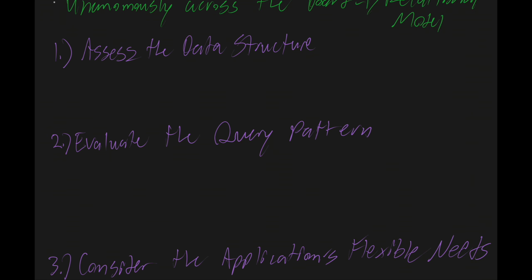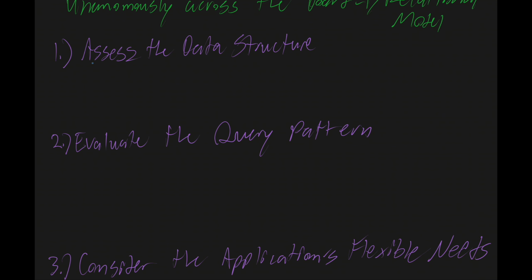When we are assessing the data structure, what we need to consider is the type of data and structure. If the data is highly structured and interconnected with clear one-to-many relationships, like employee to their job position, the relational model will seem appropriate.